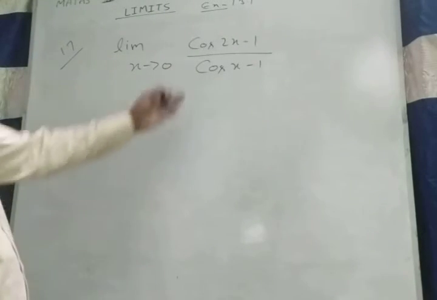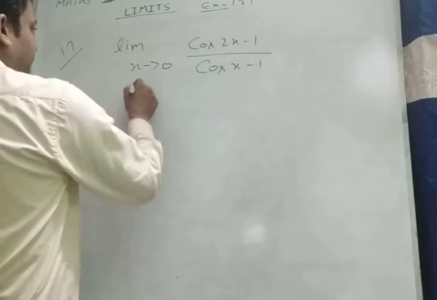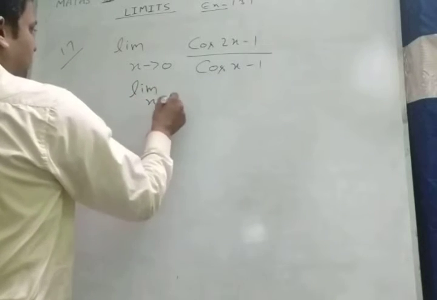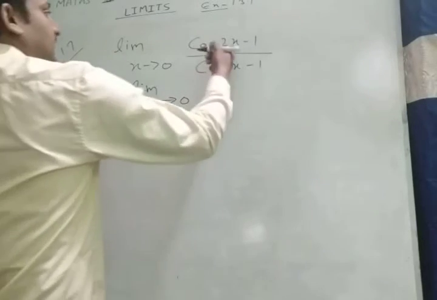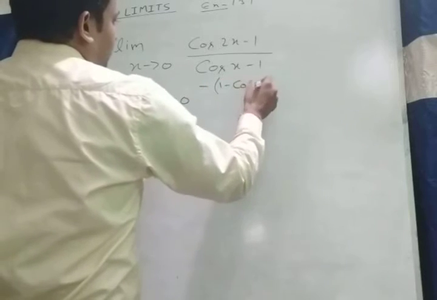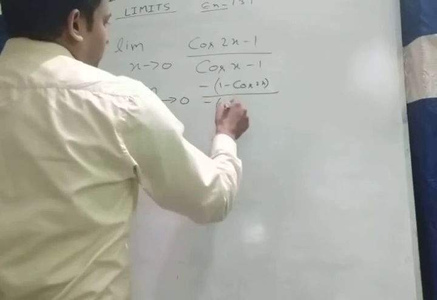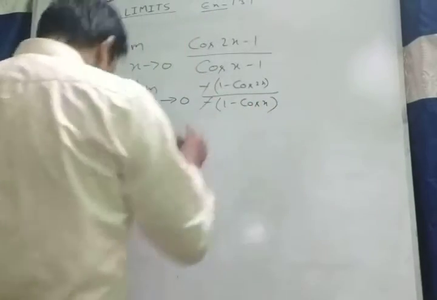We have to find the value of this limit. So let limit x tends to 0; we can write this, taking minus common, as (1 minus cos 2x) upon (1 minus cos x), the minus signs cancel.